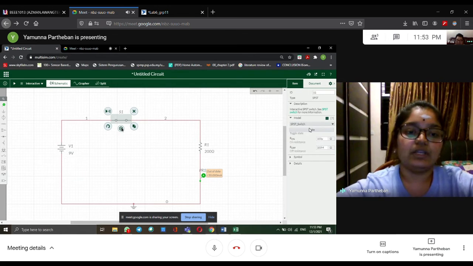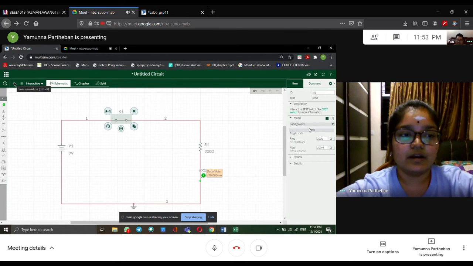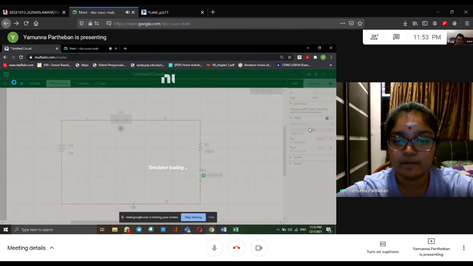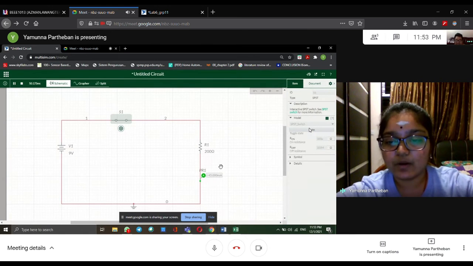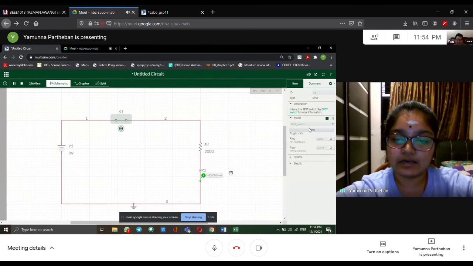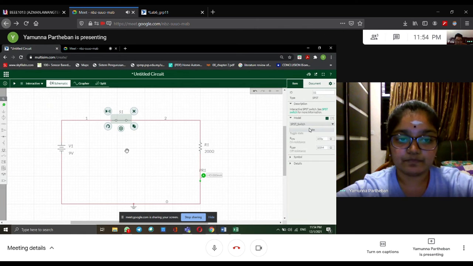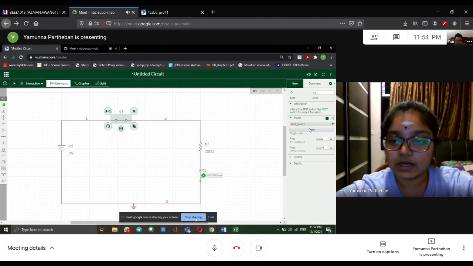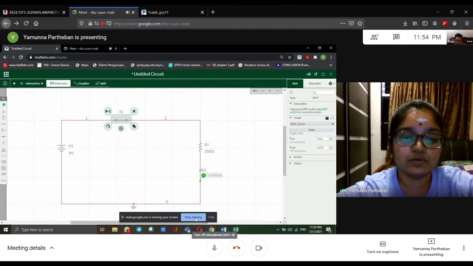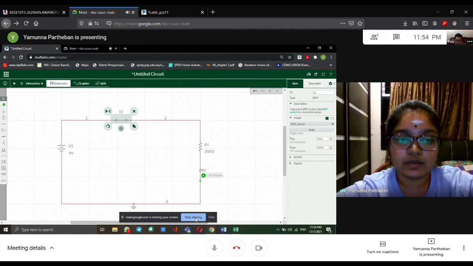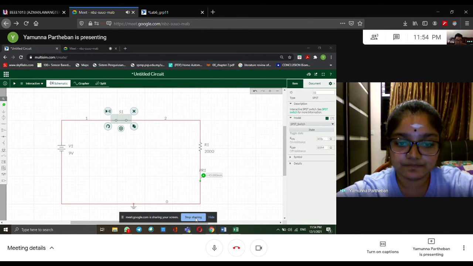I switch on the switch and run the simulation, where we got the current value 45 milliampere, which is the same as the table as well. So according to the table 2, Tommy will present another 2 examples for it.